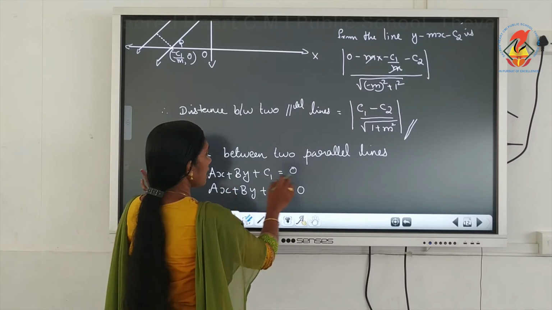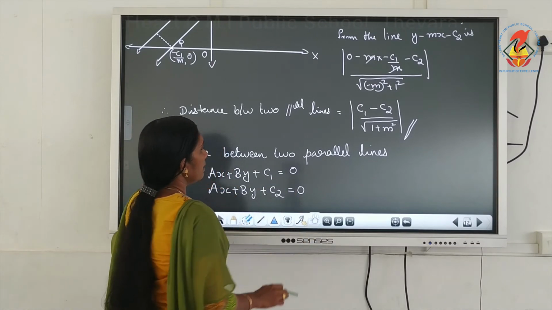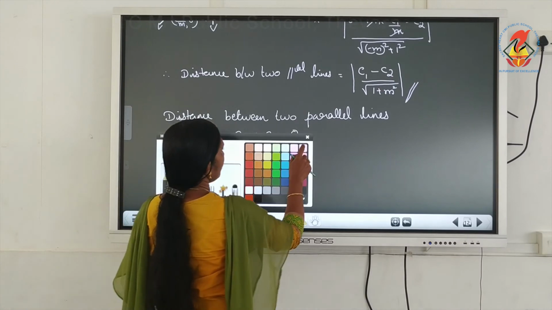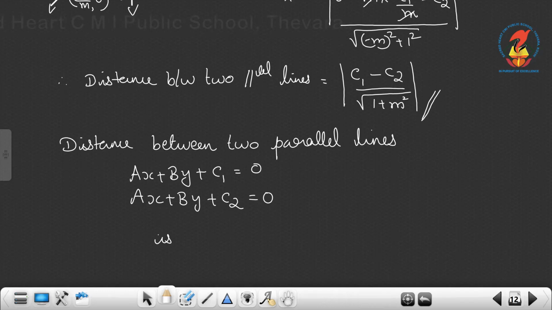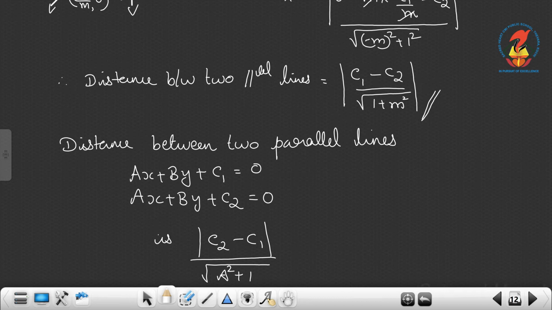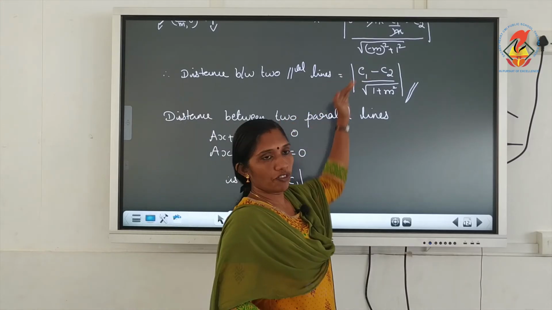If the parallel lines are in this form, then the distance between them is modulus c1 minus c2 or c2 minus c1, anyway you can write. Since it is modulus, only a positive value you have to write, by root of a square plus b square. So there are two different formulas.